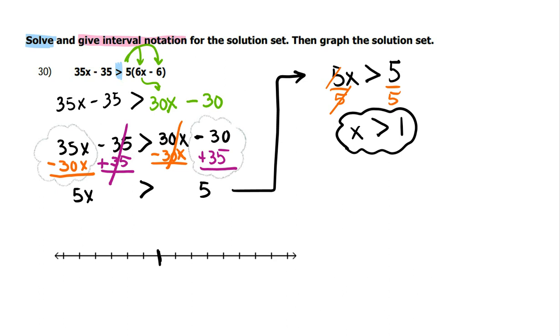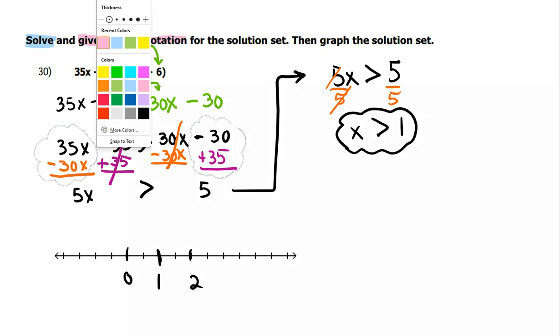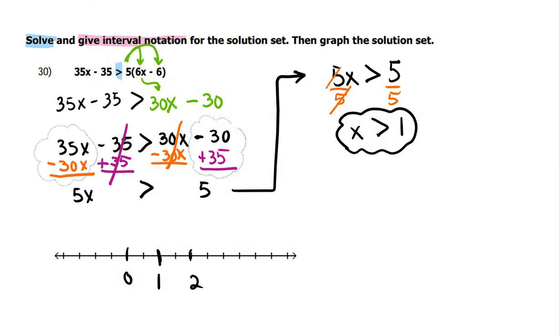Like if this is 1 and let's say this is 0 and this is 2, there we go. If x is greater than 1, you're going to be highlighting the number line to the right. All right, it's going to go this way to the right for all the numbers that are greater than 1.